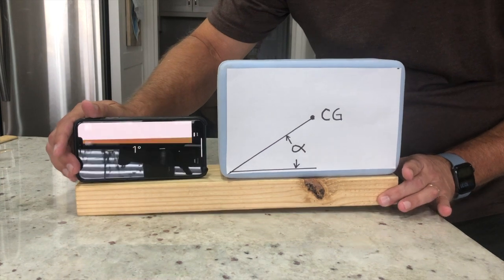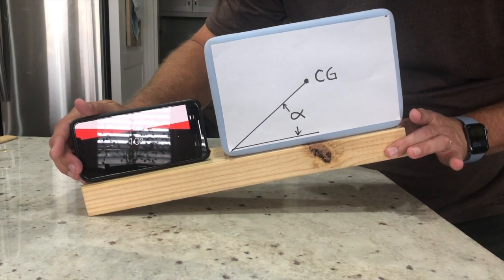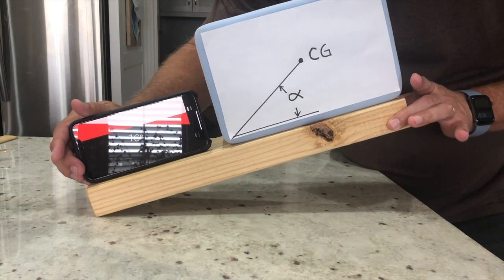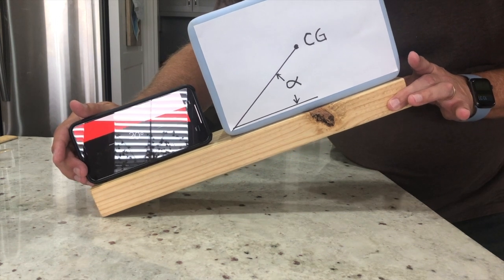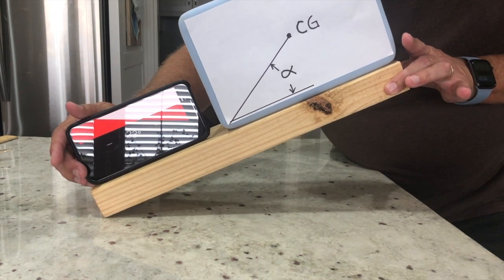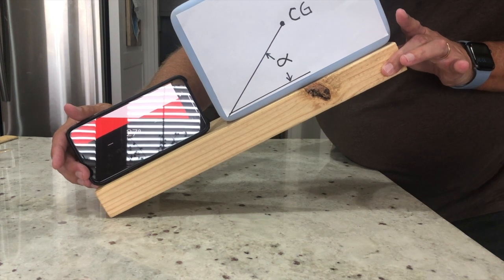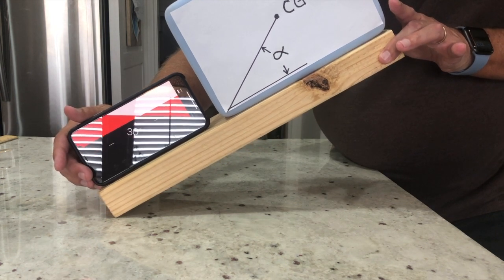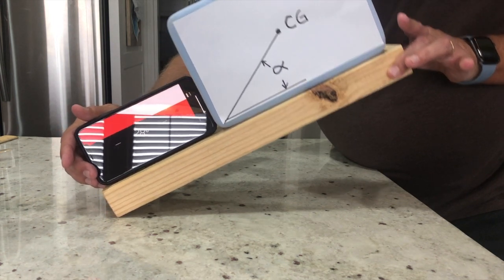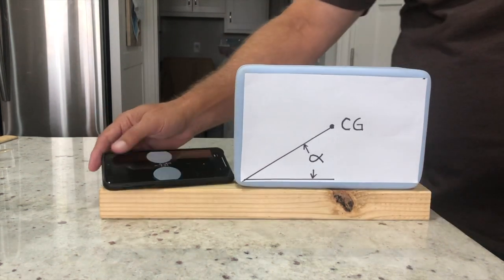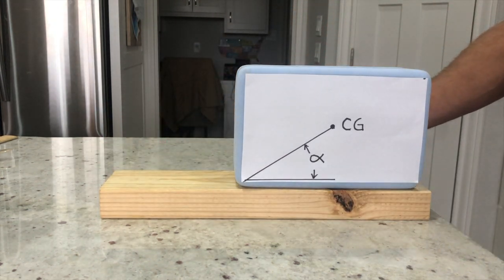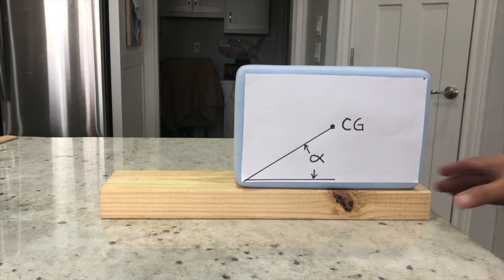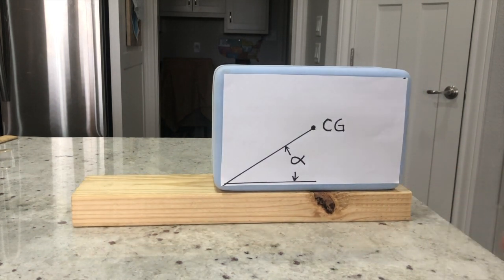My idea here is to try to find what angle this thing starts to slip. So I see it around 29 degrees, it starts to slip. And from that, we can calculate the coefficient of friction. Tangent of theta gives you mu s.